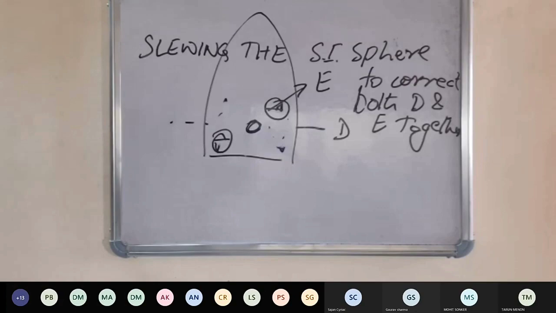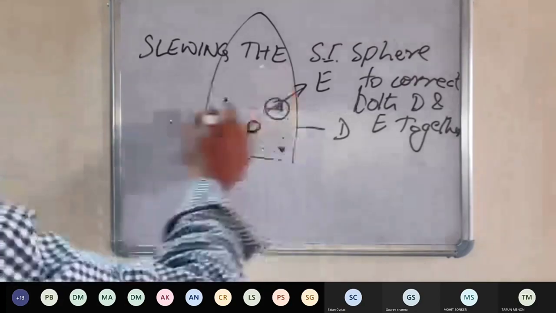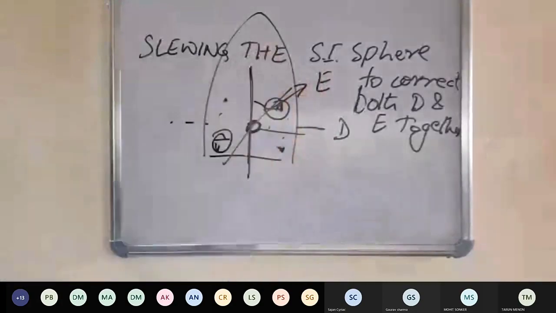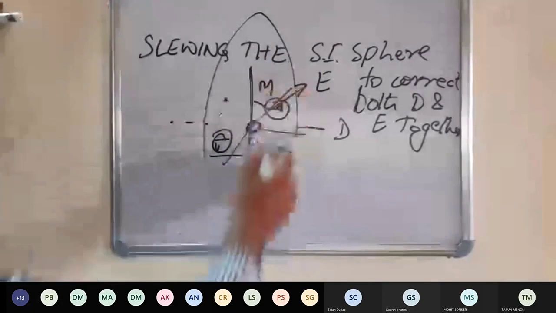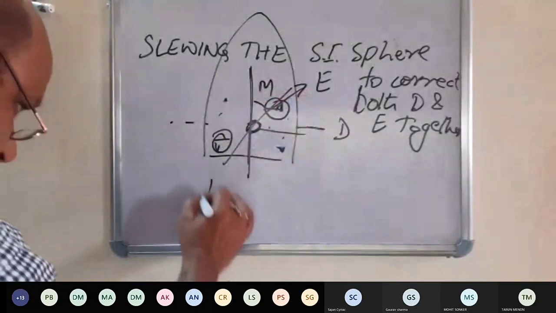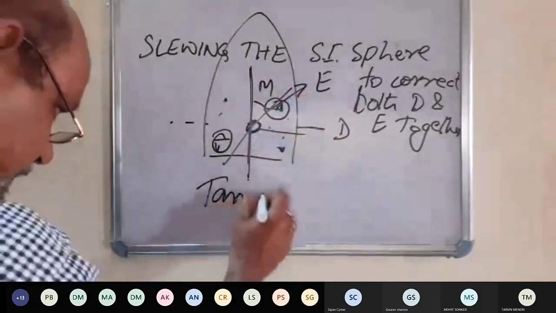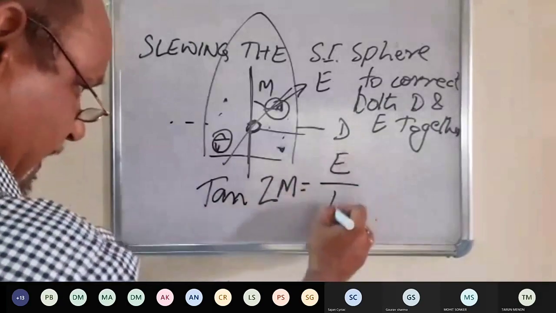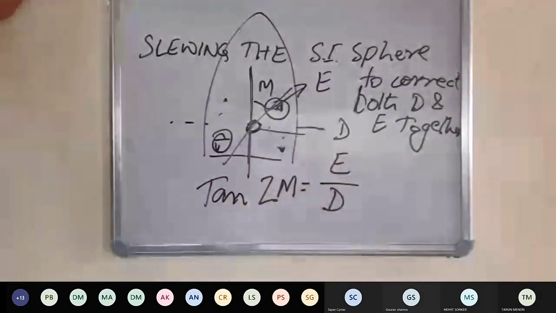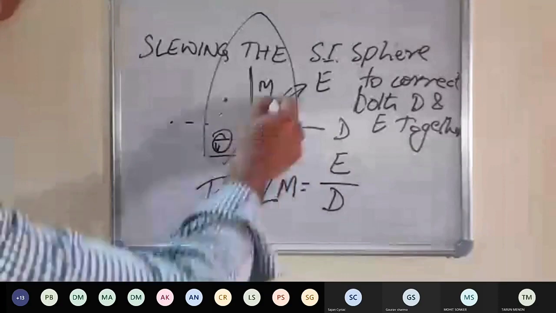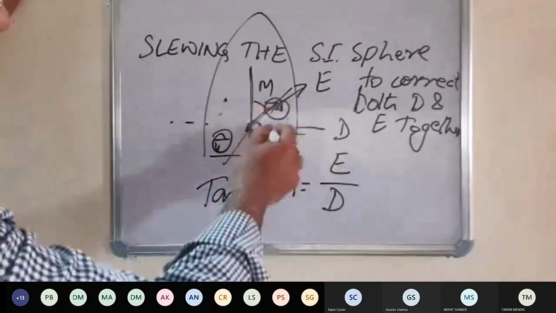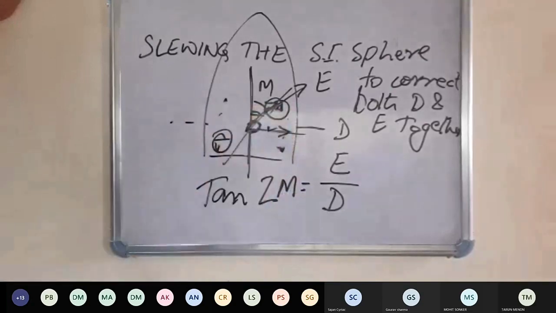so which side it will be slewed? How much from here to here? If the angle of slew is, let us say, m degrees, then tan 2m is equal to E by D. क्योंकि एक कंपोनेंट ये है, एक कंपोनेंट ये है, तो definitely we will take the tan of this to get that angle.